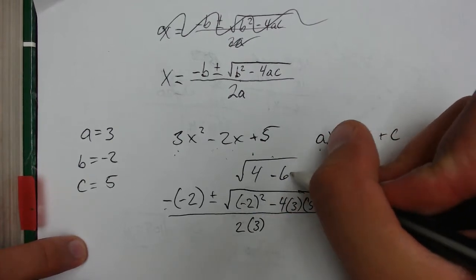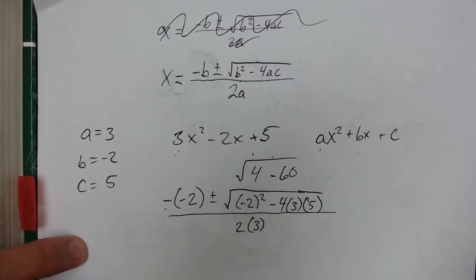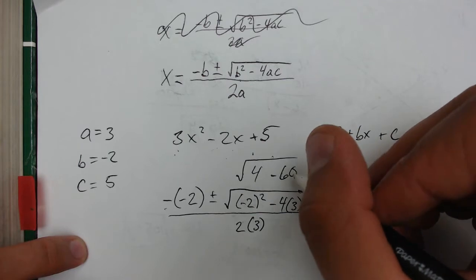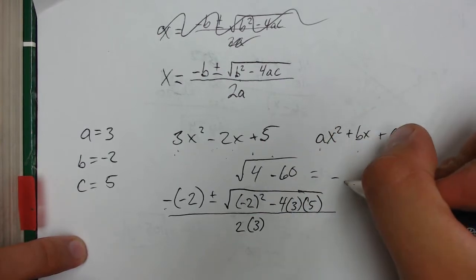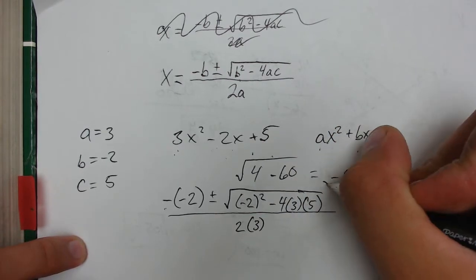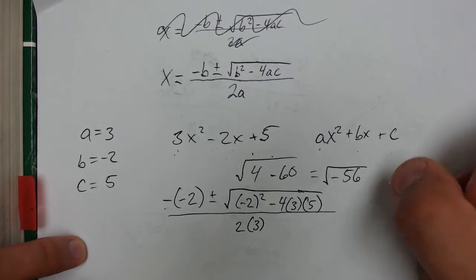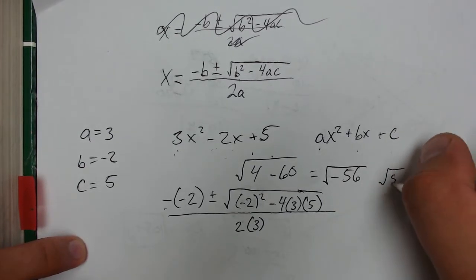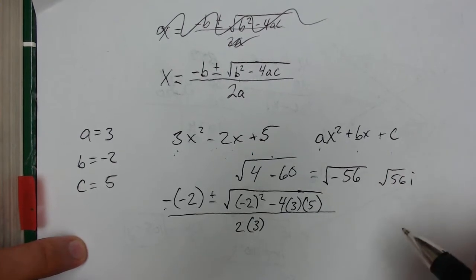So that's going to be 4 minus 60, and 4 minus 60 is going to equal -56. Square root of -56. That can't be, so we have to change that to square root of 56 i to get rid of the negative.